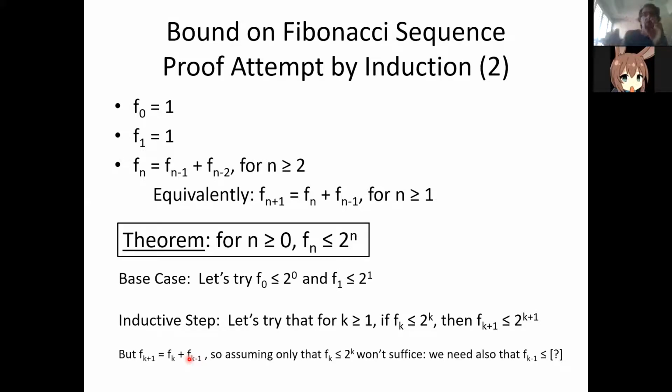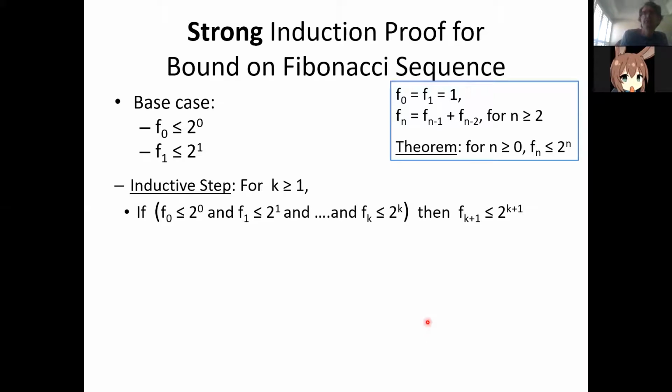Exactly. But this step cannot have this form. You basically must amend this implication to be assuming the predicate holds about f_k and assuming that the predicate holds about f_{k-1}. Perhaps under these two assumptions, I can now prove this bound, but I cannot prove it based on this one alone. Okay.